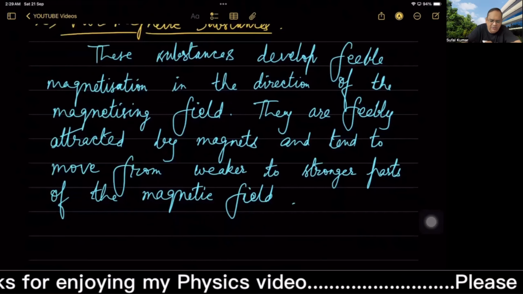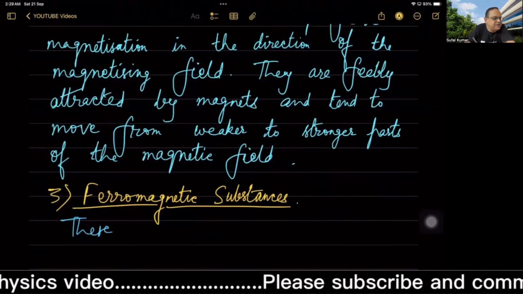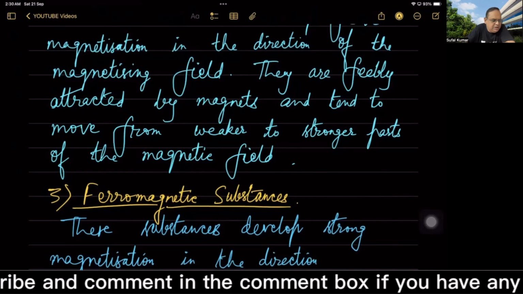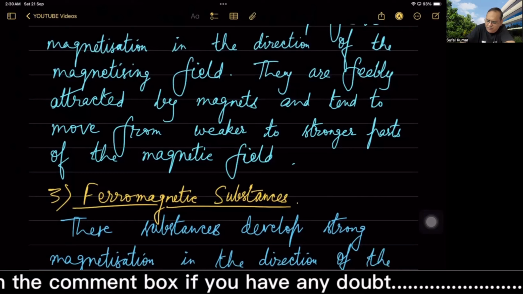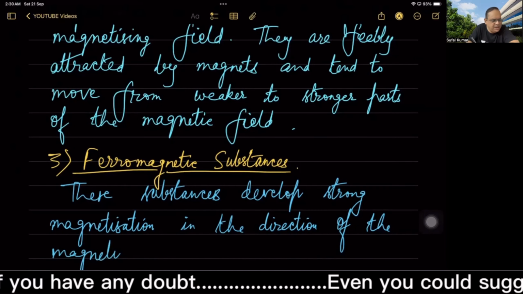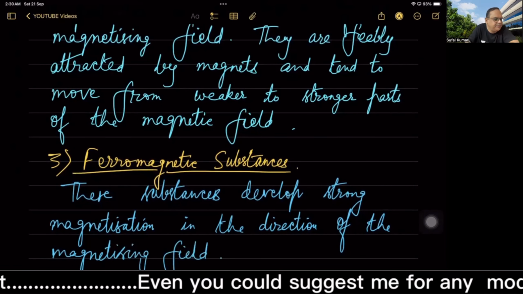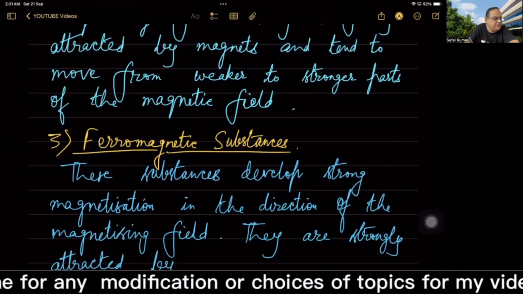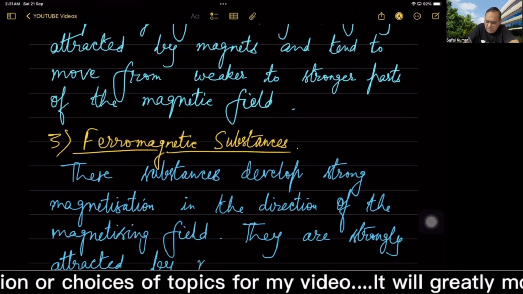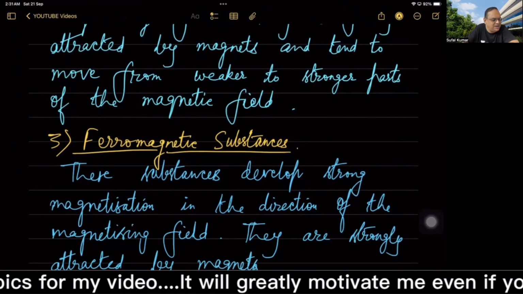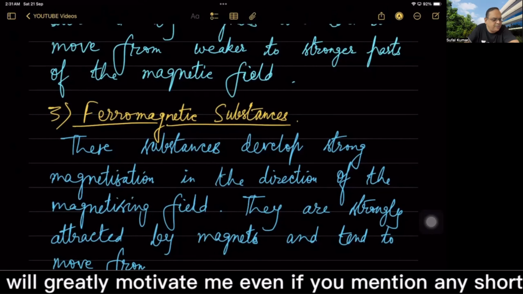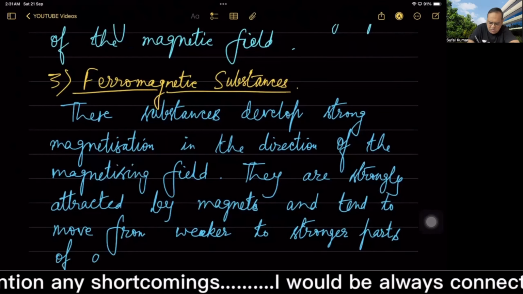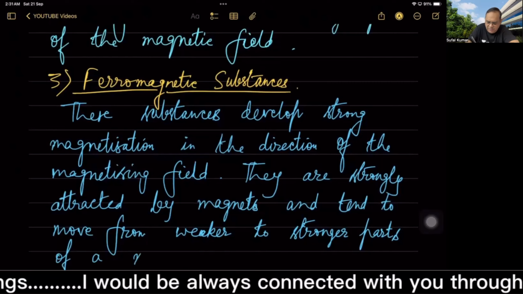And lastly, ferromagnetics. These substances develop strong magnetization in the direction of the magnetizing field. They are strongly attracted by magnets and tend to move from weaker to stronger parts of a magnetic field.